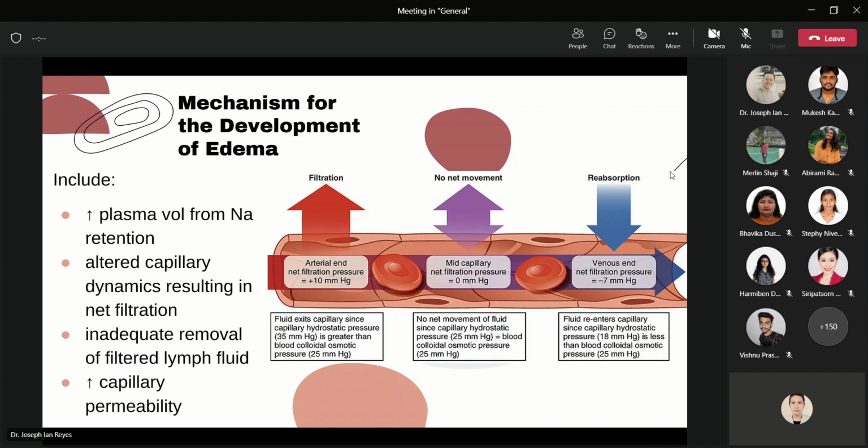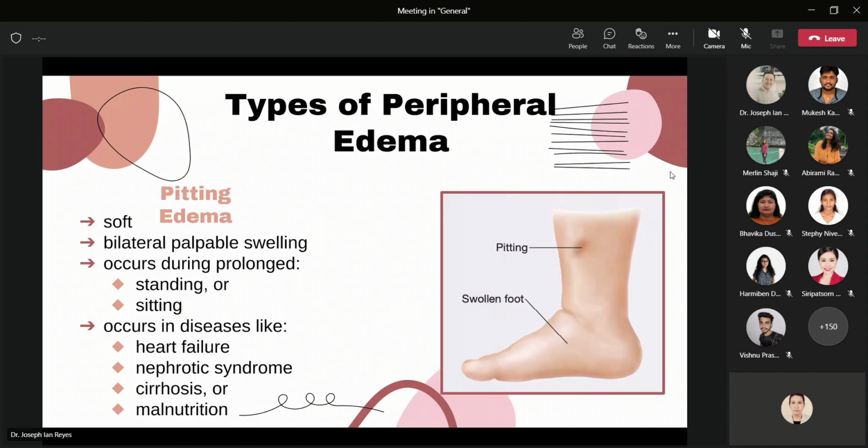Okay. So in my slides, I will just discuss a little about edema. You have the types of peripheral edema. This would be in the later part of the book, if you're reading your ebooks. So types of peripheral edema: you have your pitting edema. These are soft, bilateral, palpable swelling. It occurs during prolonged standing or prolonged sitting, meaning you have inactivity.